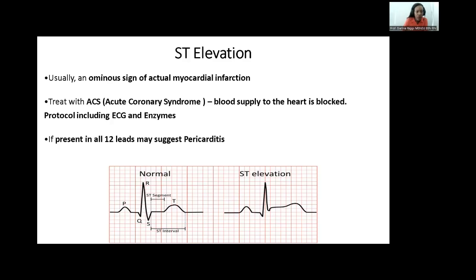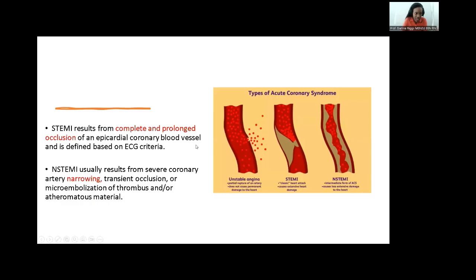So, like with these clients, we're talking like blockage to the heart, like with coronary issues. We're talking about these type of blockage. So we would want to keep them on this monitor. We want to pull their enzyme. So we're going to talk about some of these conditions that will cause this, like pericarditis.